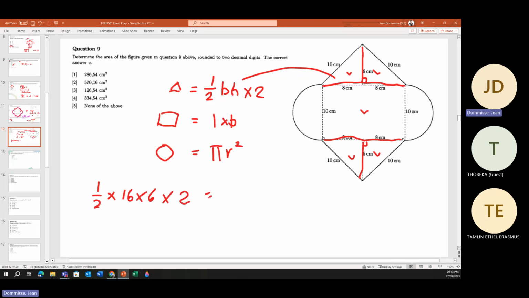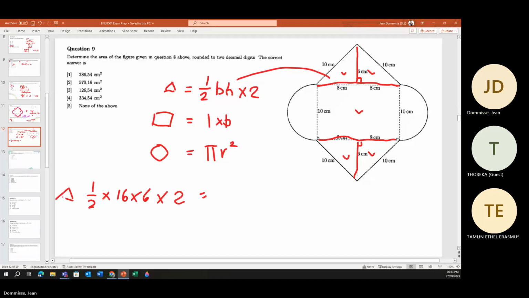So for the triangle parts, basically 16 times 6 will be 96.